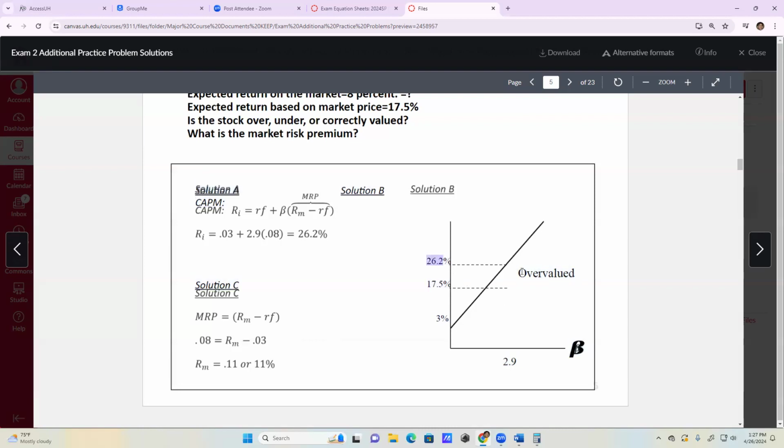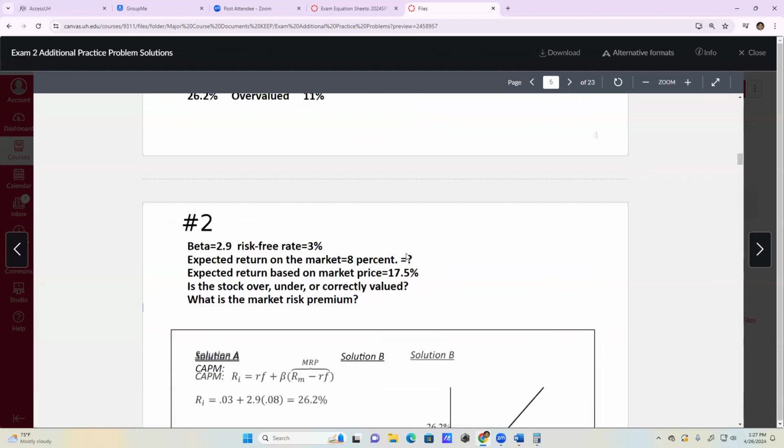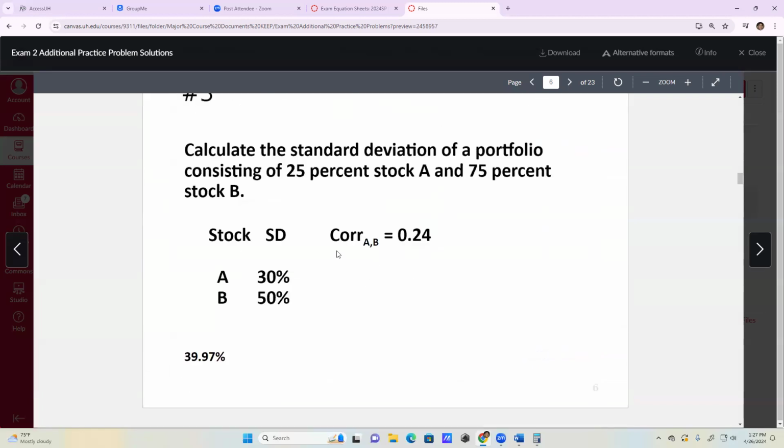That's how you know if it is overvalued or undervalued. If the point happens to be somewhere right here, that's overvalued. If the point is somewhere up here, it's undervalued. I recommend going over the video, and you can skip through this part if you just want to know that part. All right, calculate standard deviation.